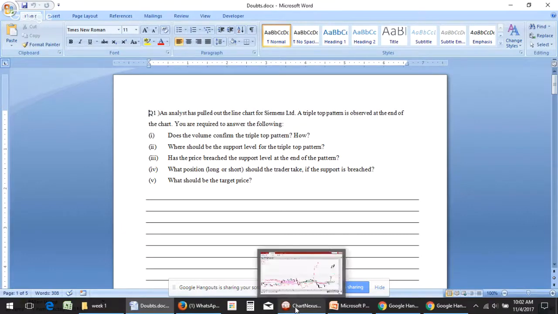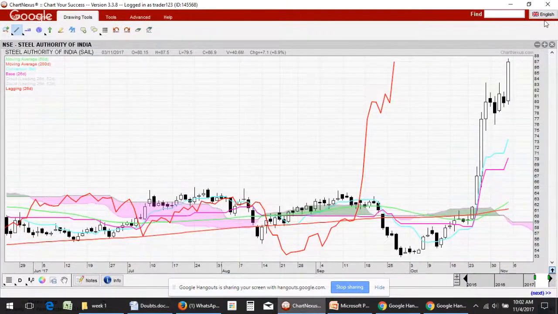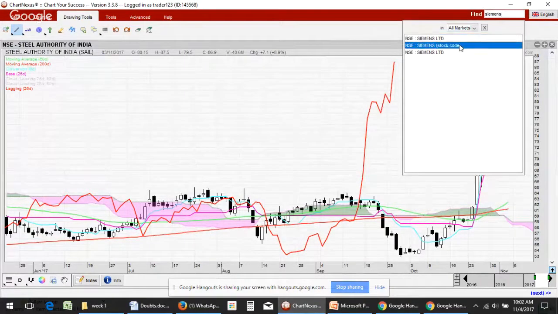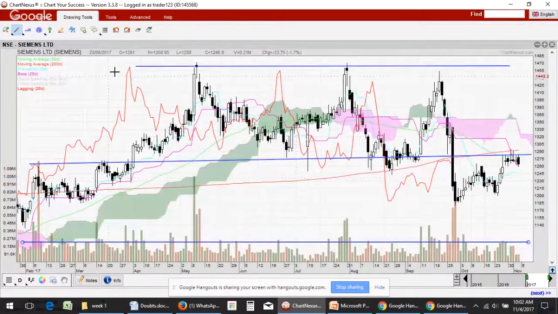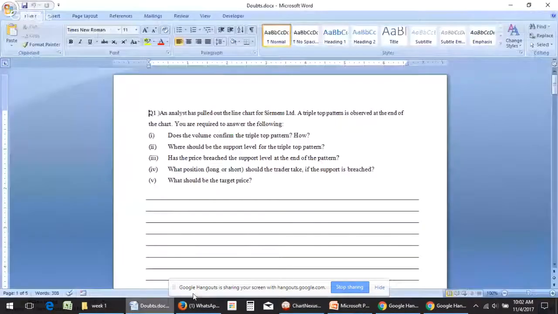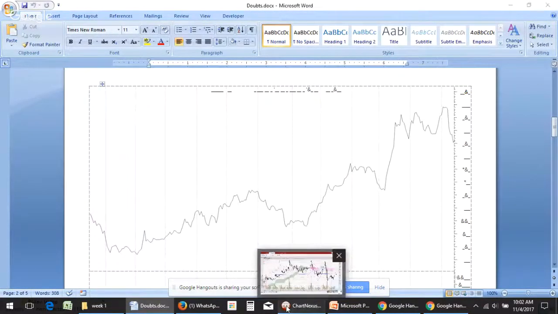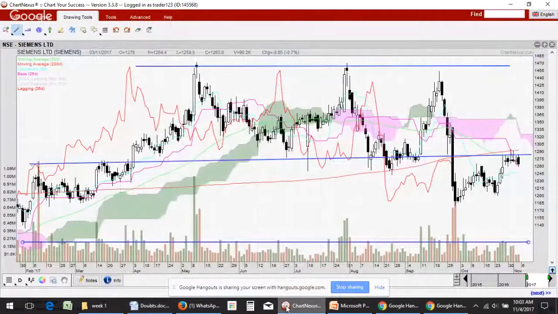I have tried to pull up that chart for Siemens, and I think I see what that question is. I'm using Chart Nexus here, and this is the chart of Siemens, and this does look like what is shown in the chart that was provided, the triple top pattern right here. So here it is, the triple tops, 1, 2, and 3.